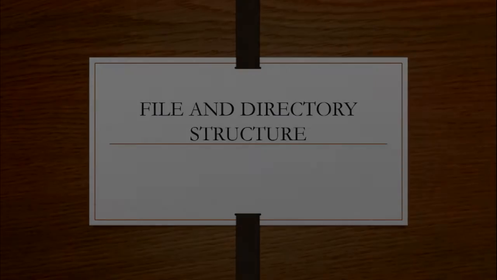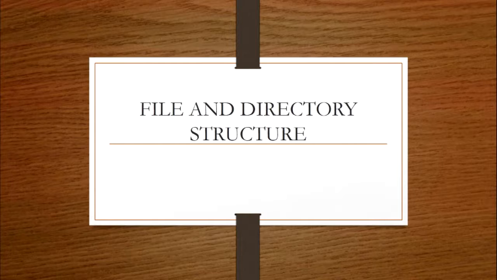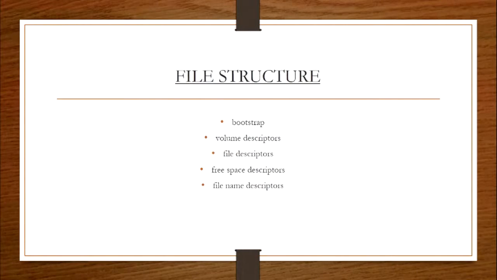For the last part, it is the file and directory structure for this BSD operating system. The file structure contains a few basic types of data structures such as bootstrap and volume descriptors, that I will explain later on the next slide.